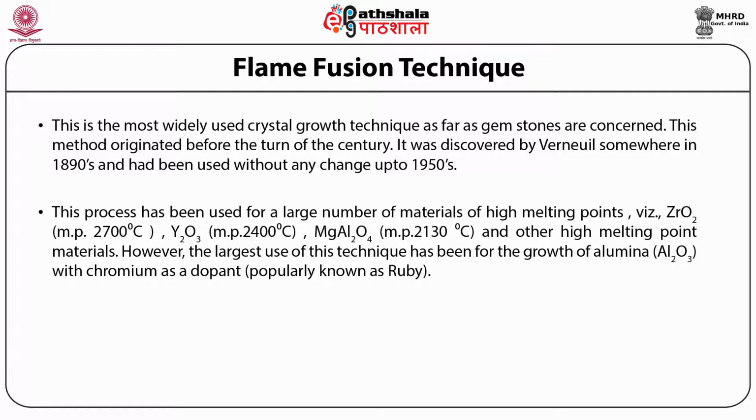However, the largest use of this technique has been for the growth of alumina, that is Al2O3, with chromium as a dopant, popularly known as ruby.